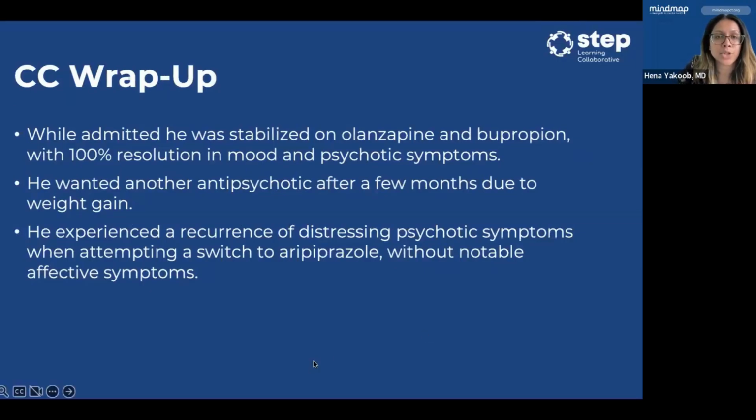And in terms of just wrapping up his case, while he was hospitalized, he was stabilized on both olanzapine and bupropion with 100% resolution in both his mood and his psychotic symptoms. After a few months, he wanted to try another antipsychotic due to, unfortunately, a lot of weight gain associated with the olanzapine.